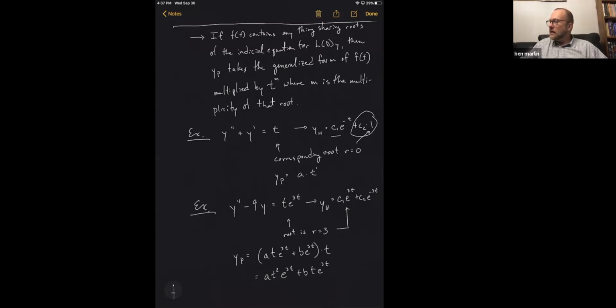But because we have a t in our f of t, and those share a root, they're the same kind of function, you would say to yourself, okay, I need to think about that.